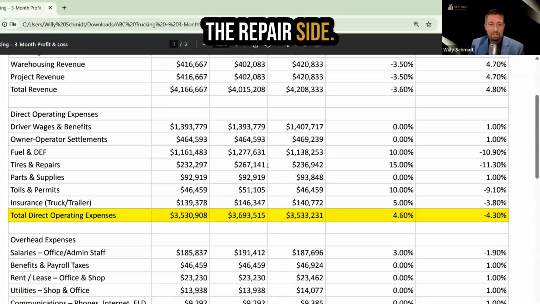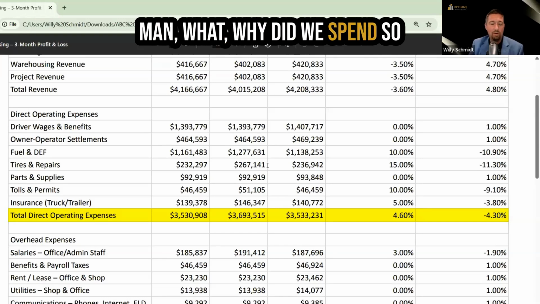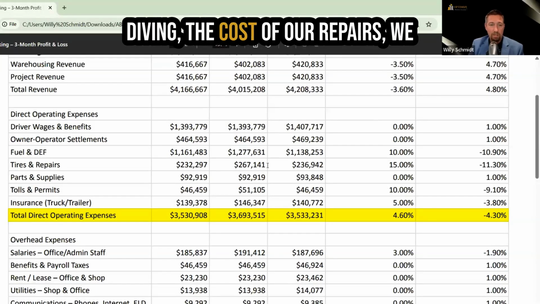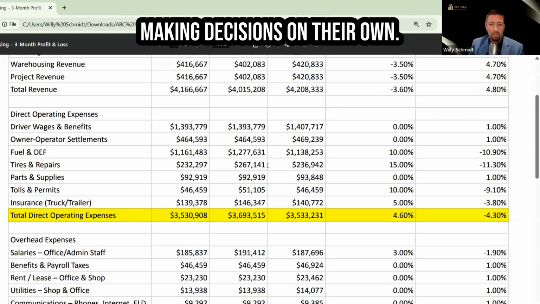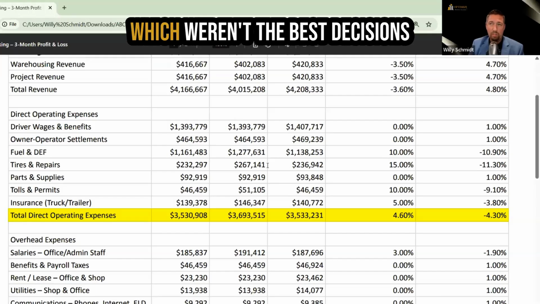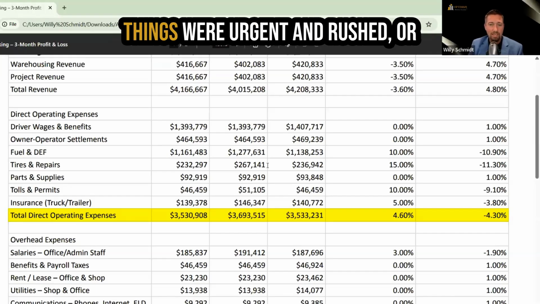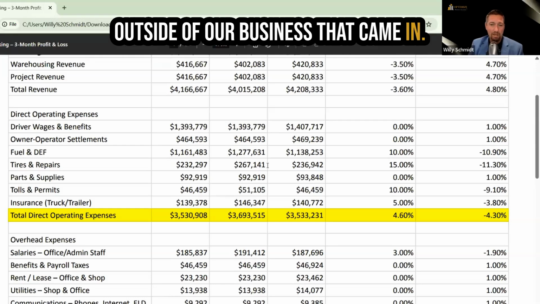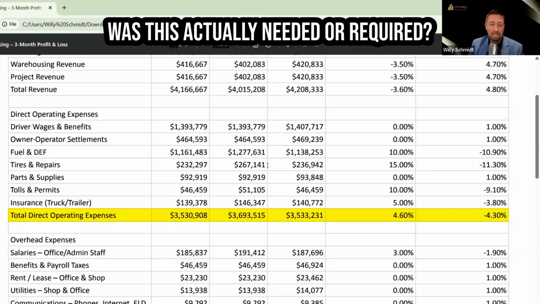On the repair side, it's something that I've experienced many times where, man, why did we spend so much this month on repairs? And I know when we started deep diving the cost of our repairs, we were finding that our shops were making decisions on their own which weren't the best decisions, where they would outsource a bunch of work because they thought things were urgent and rushed, or there were some big bills from outside of our business that came in, and then we would assess and say, was this actually needed or required?